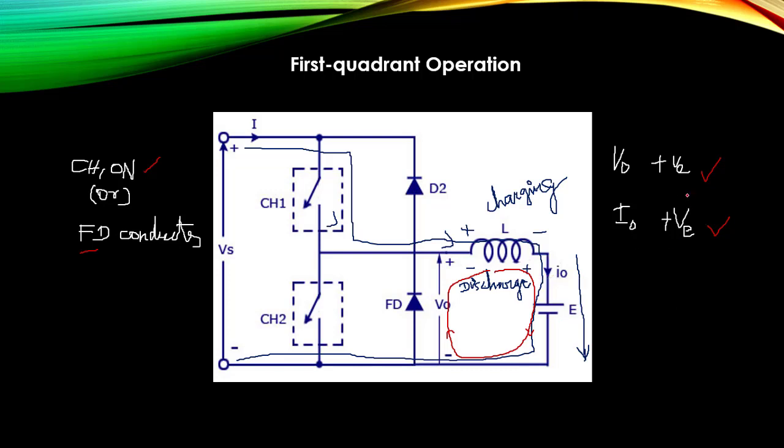So in both cases, output current is positive. That's why it is called first quadrant operation. This quadrant will be this one: this is the current axis, this is voltage. Voltage and current both are positive. That's why it is first quadrant operation.